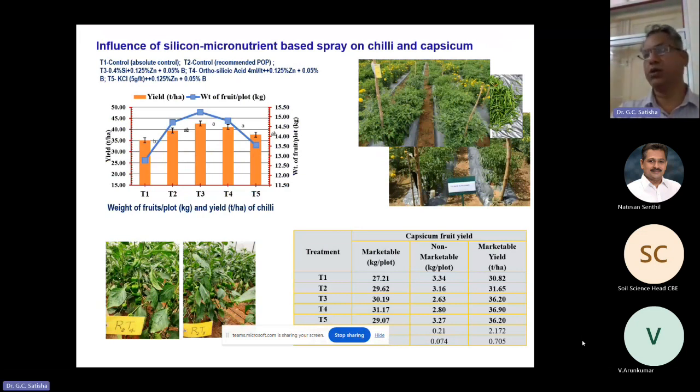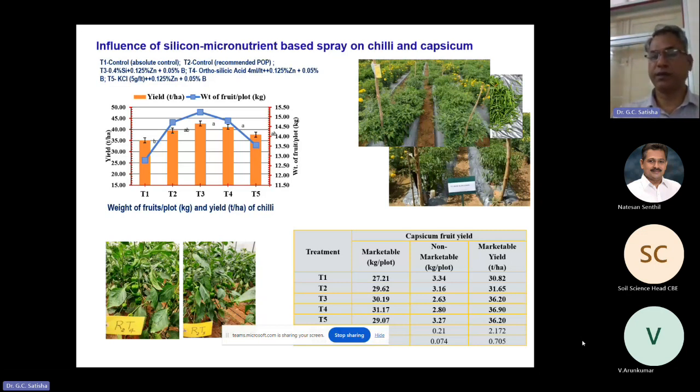So we used that as a stable control. Then we studied orthosilicic acid, and we noticed almost 18 to 22% yield increment of biomass production in both chili and capsicum. And the marketable yield was also excellent. Probably this is because of the influence of silica in combination with zinc and boron.